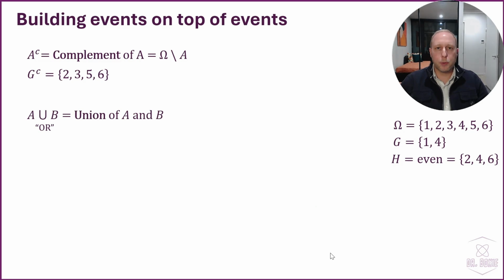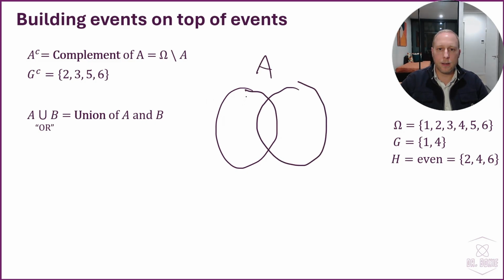Another way to produce an event based on some previously given events is using the union of two events. So A union B, read as A or B, is the event that encompasses all the possible outcomes that are included in at least one of the two, A or B. So if this is the event A and this here is the event B, A or B includes all of it.